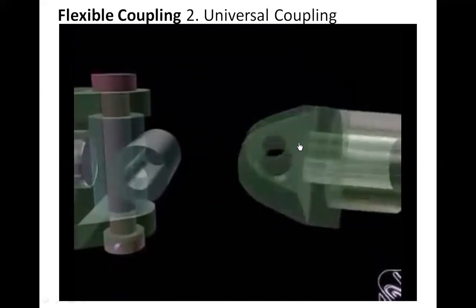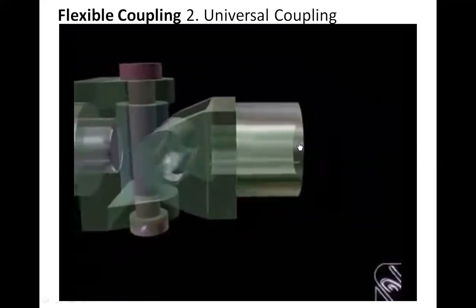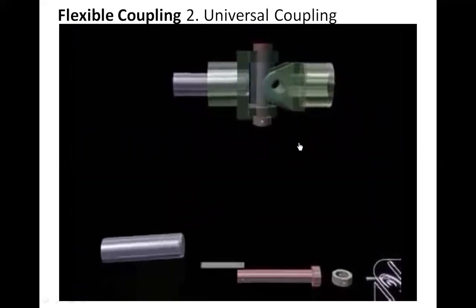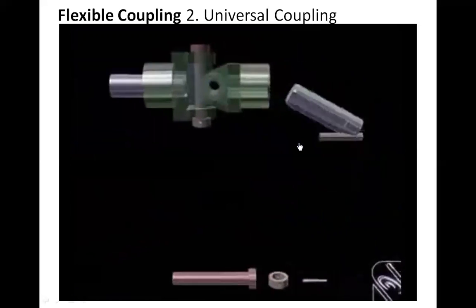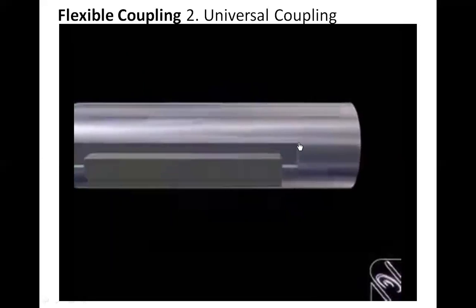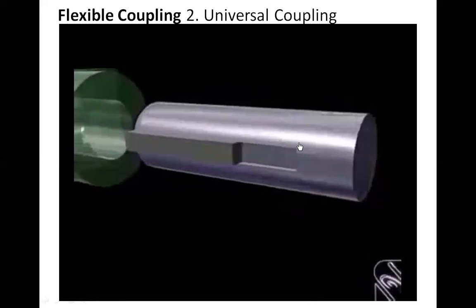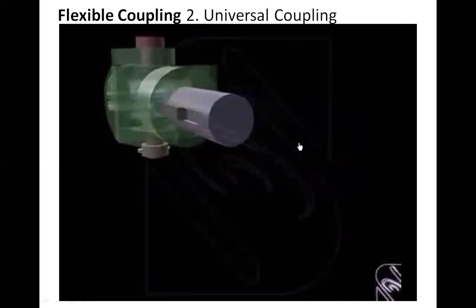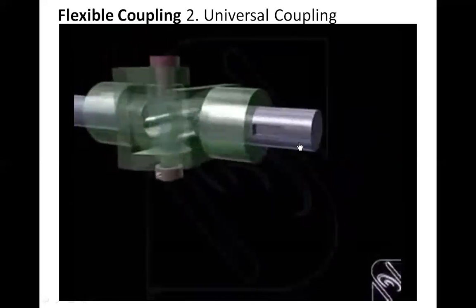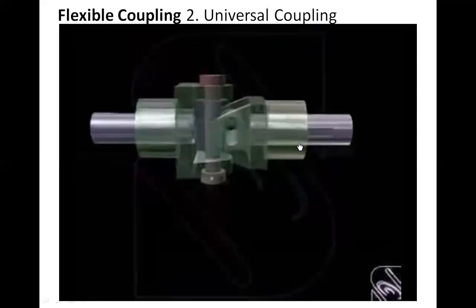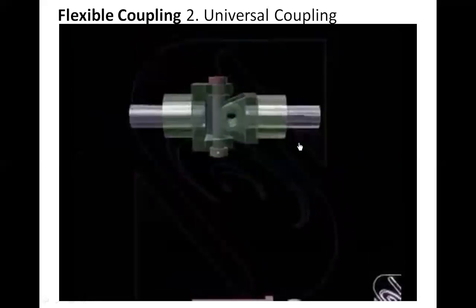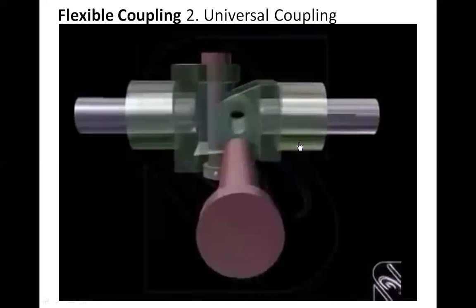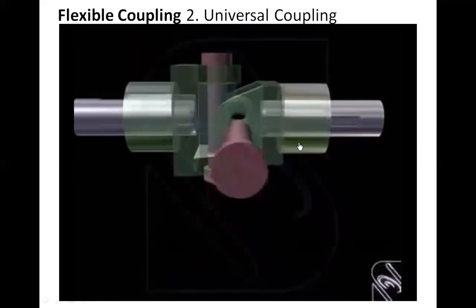In the same manner, the other fork is assembled to the other half of the central block. After assembly, the forks are oriented 90 degrees to each other.